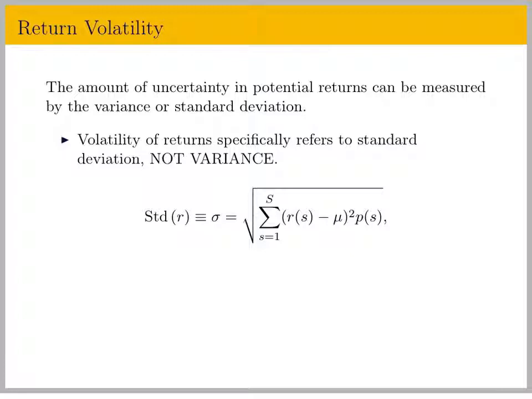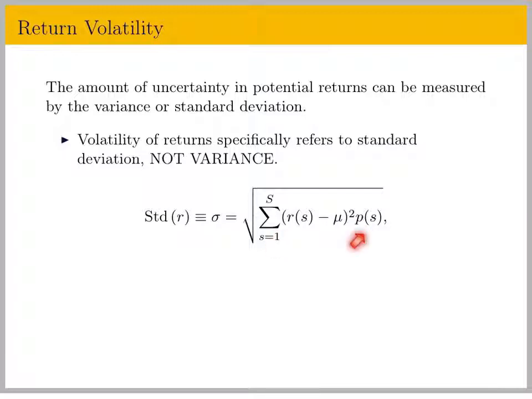So the standard deviation of an asset, by definition, if we are using discrete random variables, is going to be the probability weighted sum of all possible squared deviations from the mean. So here's the mean that we computed. Take each possible value from s equals 1 up to capital S, this being discrete. We take each deviation, we square it, and then we multiply by the probability and add them all together.